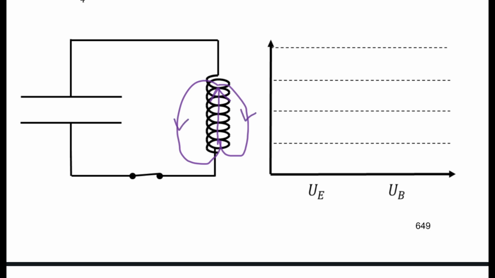So we would get all of our energy stored in the inductor's magnetic field, and therefore 0 energy stored in the electric field of the capacitor plates, because we have 0 charge on the capacitor once again.